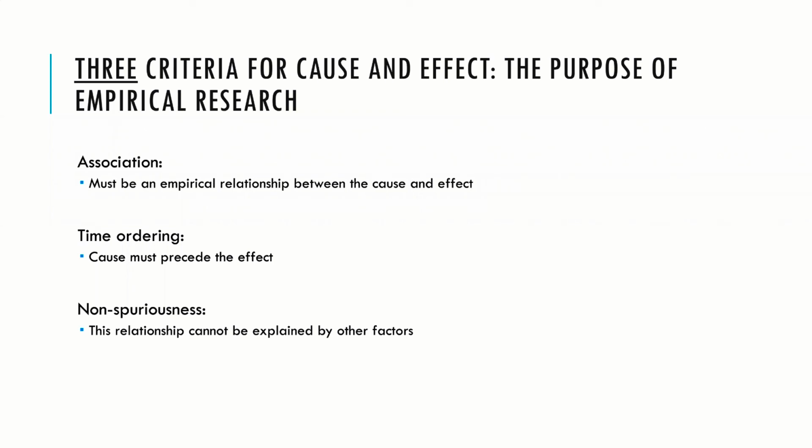First, there needs to be an association. If you're going to say one thing causes another thing, the quote-unquote cause versus the quote-unquote effect, if you're going to say X causes the change in Y, then first you need an association.